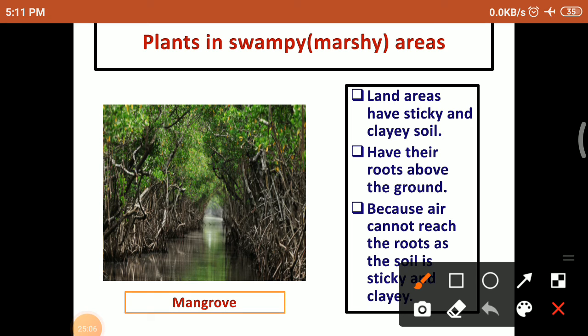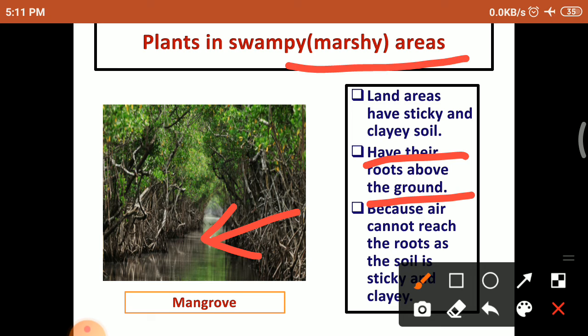The plants and trees which grow in these areas always have their roots above the ground because air cannot reach the roots as the soil is sticky and clayey. So these roots are called breathing roots and help them to breathe. So the mangrove plant grows in this marshy area.